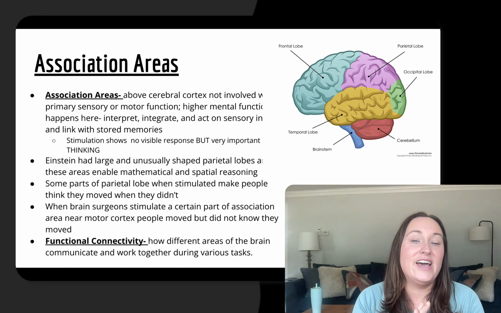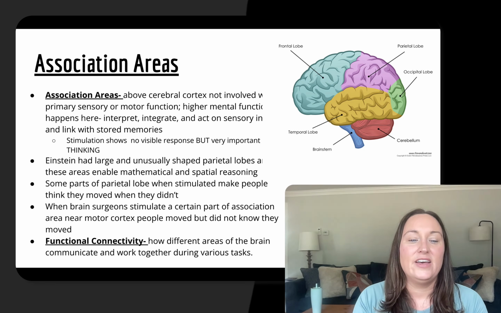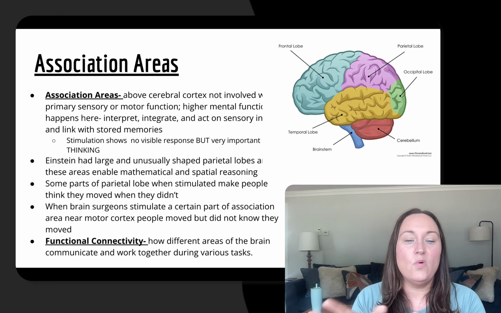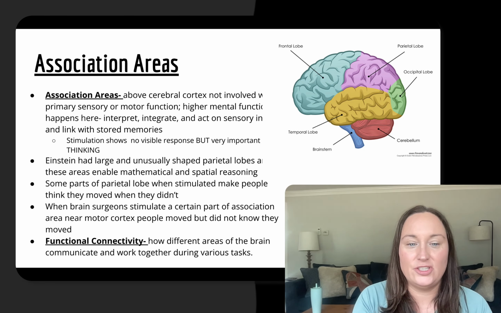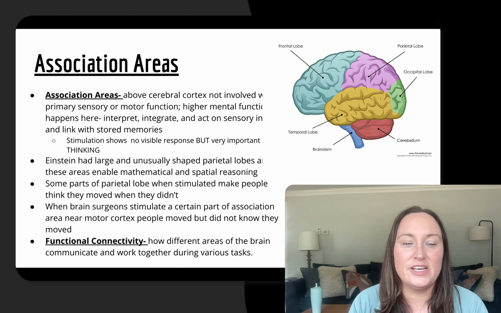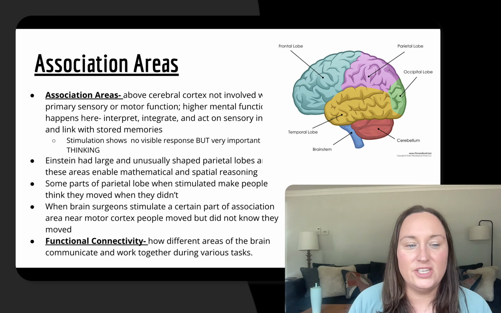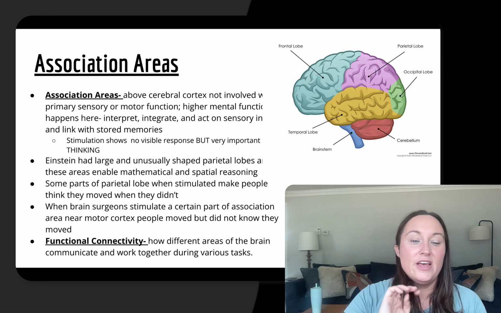We know that Einstein, even though he had an average size brain, had more of his brain devoted to the parietal lobe, specifically enabling mathematical and spatial reasoning. And that is correlated to his association areas in that part of the brain.